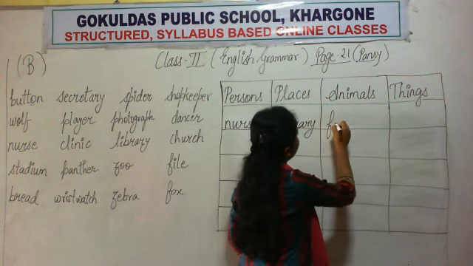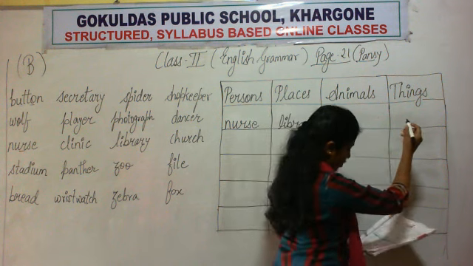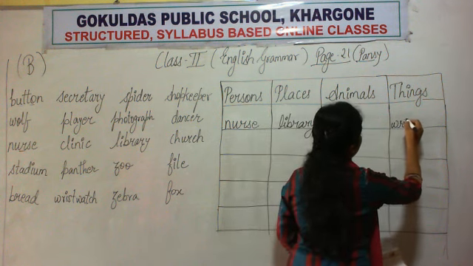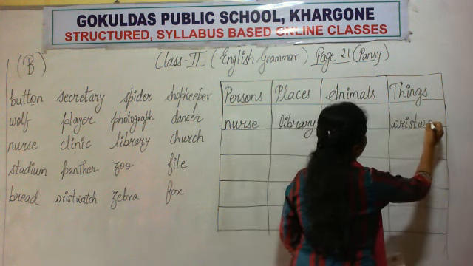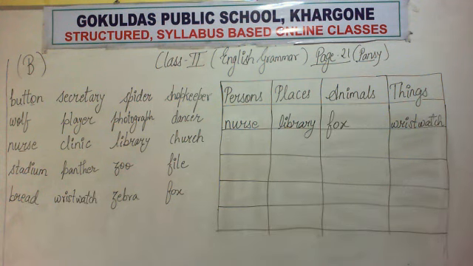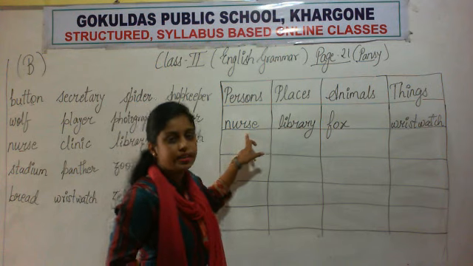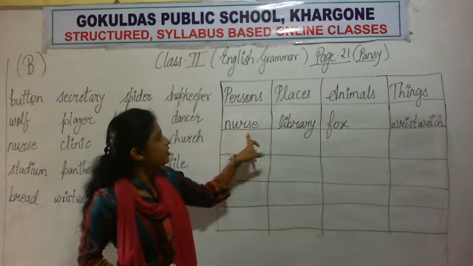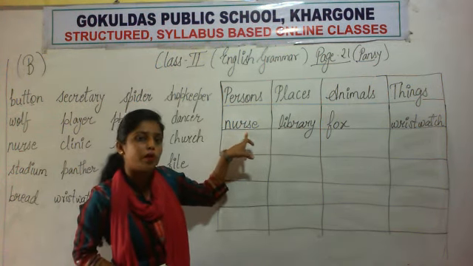Then fox and then wristwatch. Okay, just let me check whether it is visible or not. Just a second. Yeah, it is visible. So see, nurse is a person, so it is written in the column of persons.